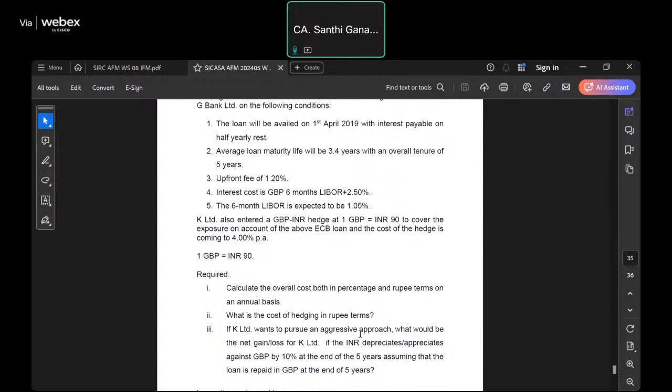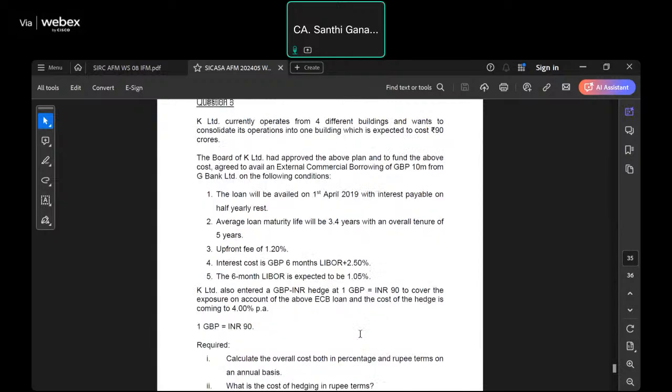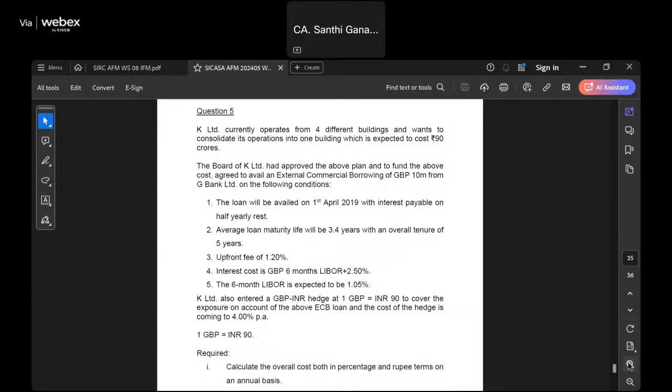What is the cost of hedging in rupee terms? If K Limited wants to pursue an aggressive approach, what would be the net gain or loss for K Limited if the INR depreciates or appreciates against GBP by 10% at the end of 5 years, assuming that the loan is repaid in GBP at the end of 5 years? Now let us see.